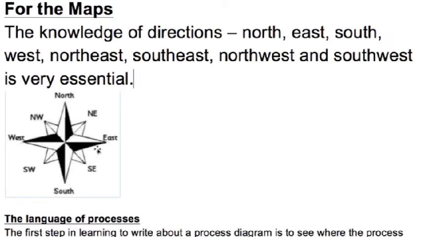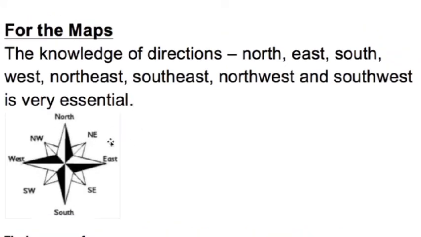Between north and east there is northeast, between south and east is southeast, between south and west is southwest, and between north and west you have got northwest. If you have this kind of knowledge, you would be able to use this in your writing task.